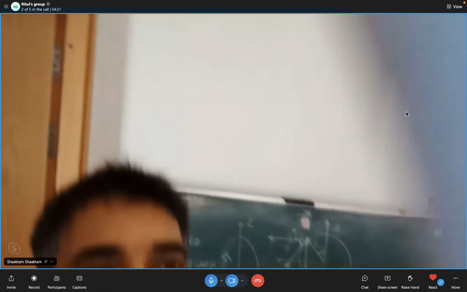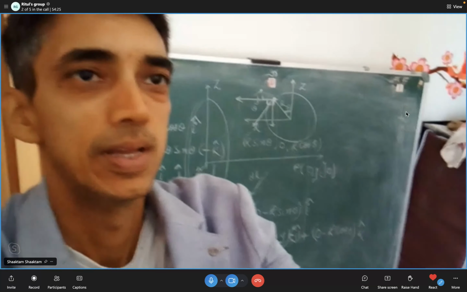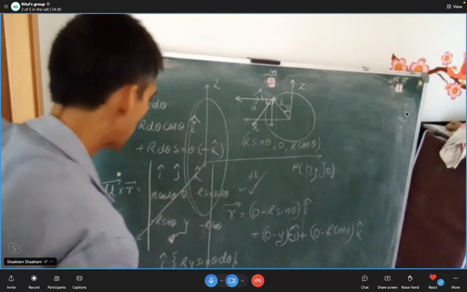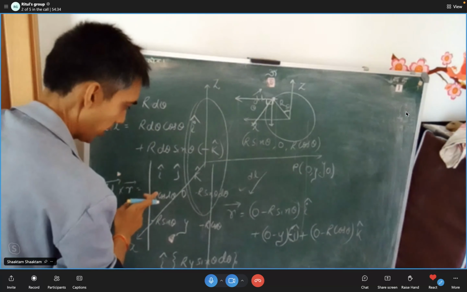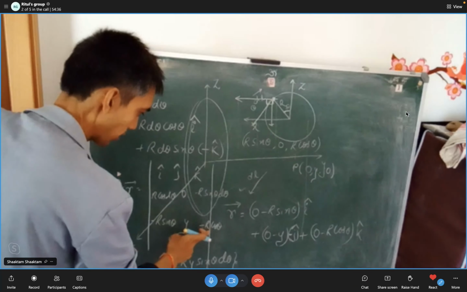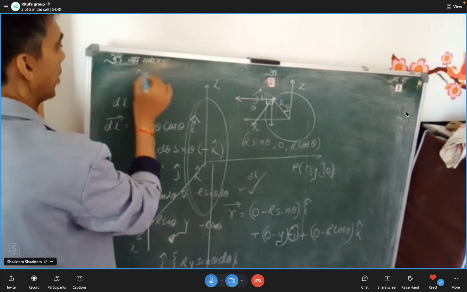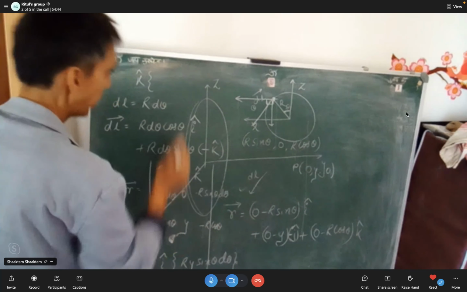And then the last one. So the last one, k cap. R cos theta over here, R cos theta over here, right? Correct. K cap, bracket open, we get it as? I think you're multiplying the wrong ones.